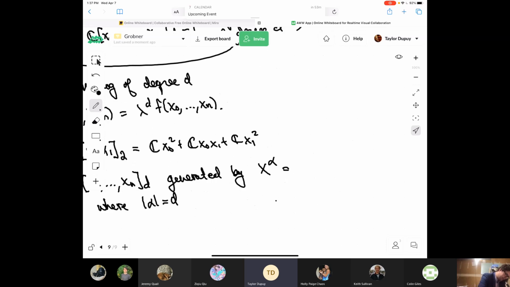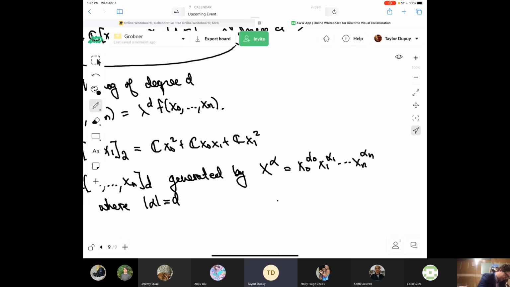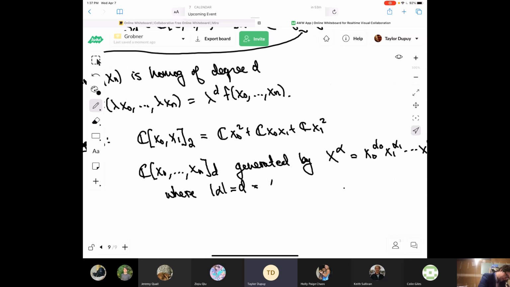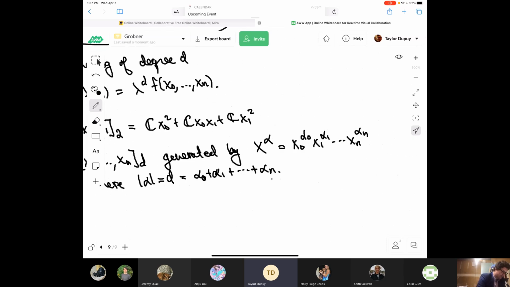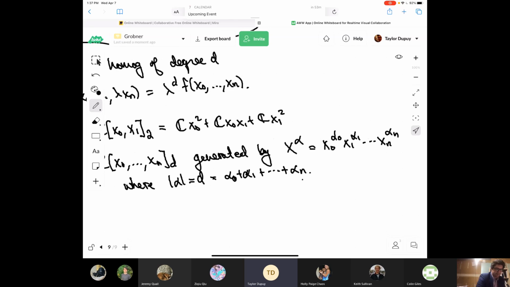So here this is x0^alpha0 x1^alpha1 through xn^alpha_n, and of course |alpha| is alpha0 plus alpha1 plus through alpha_n.